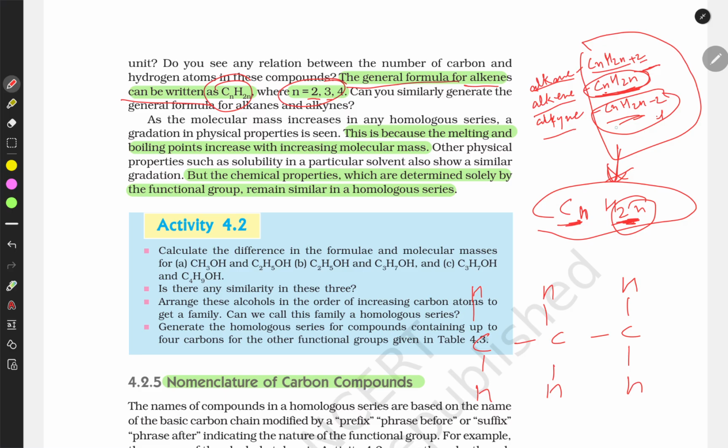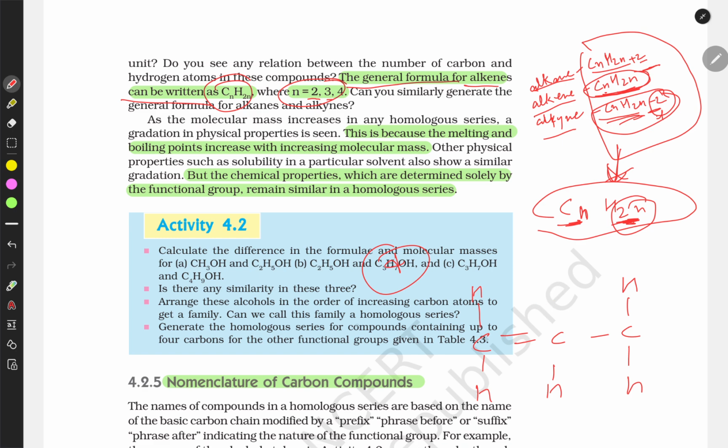So let's discuss the alkyne. Here CnH2n will be there. That means if carbon is 1, then the hydrogen will be twice. So hydrogen is 6 here, but there is a -2, which means the hydrogen number should be only 4. So how do we make the hydrogen number 4? Here the carbon is not completing its valency, so we will add one more bond and remove this hydrogen.